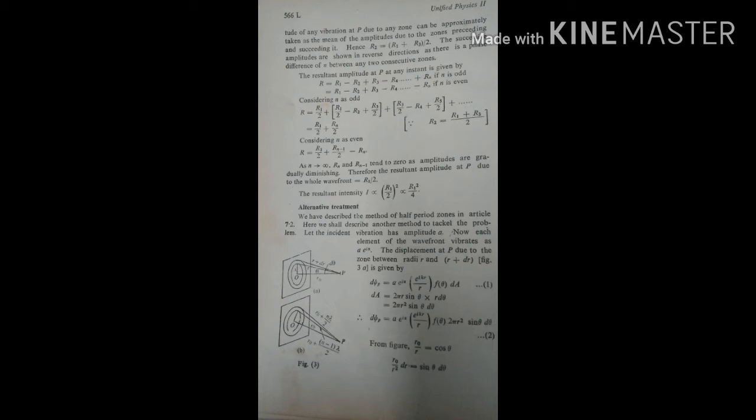As n tends to infinity, Rn and Rn−1 tend to 0 as the amplitudes are gradually diminishing. Therefore, the resultant amplitude at P due to the whole wavefront is R1/2. That is, the resultant intensity I is directly proportional to (R1/2) squared. Next, this can be shown by an alternative method also.